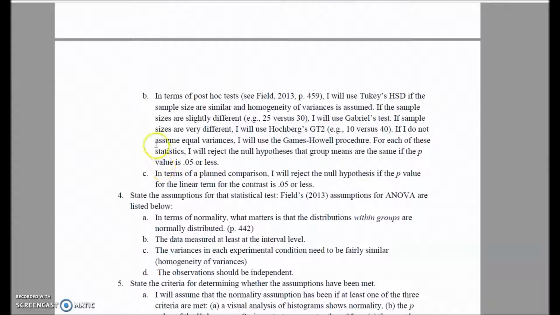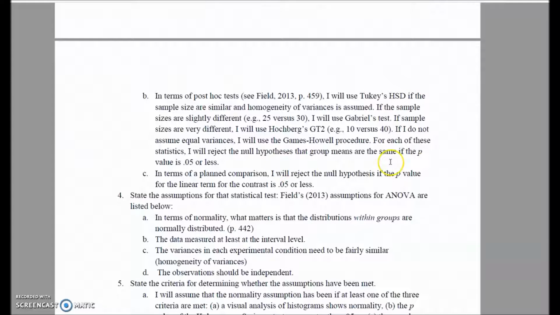If there are no equal variances, then we do the Games-Howell procedure. So there are a lot of ones that you can do, depending on what happens. We are going to focus on the Tukey post hoc test.